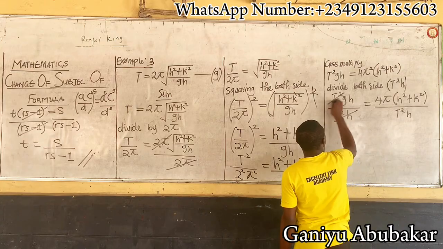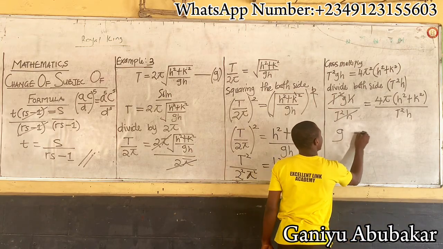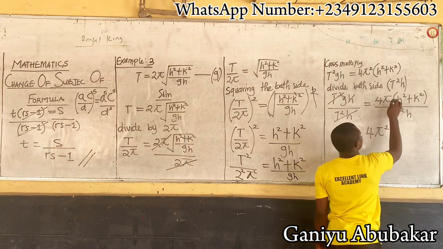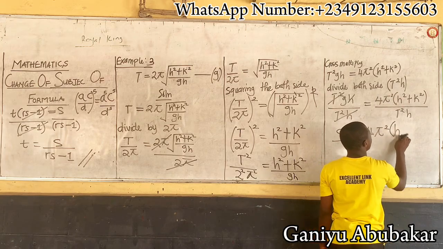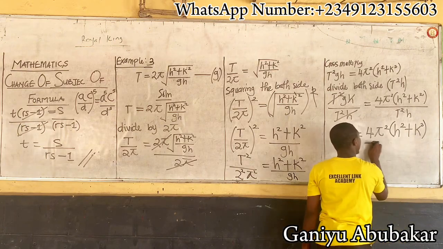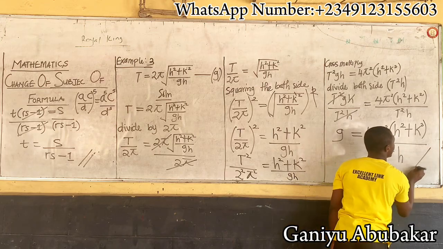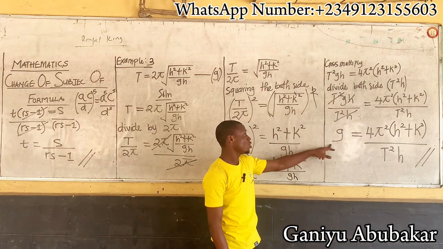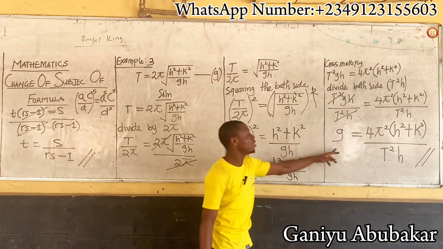This should cancel these two. I'll have g left. So now I'm saying that g now is equal to 4 pi squared, this is squared in the pi, right? Into h squared plus k squared all over t squared h. This becomes my mathematical expression for g. So I've actually made g the subject of formula in this case.